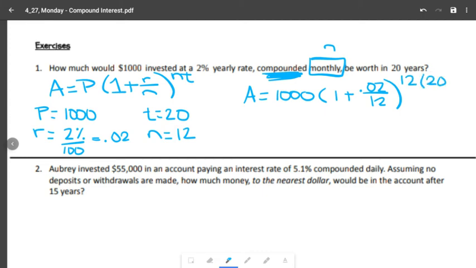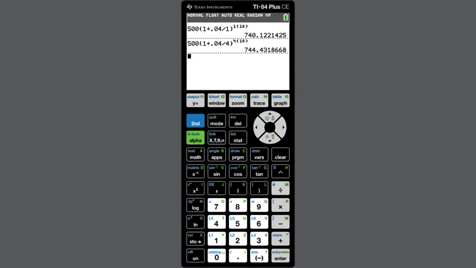And then, just like before, nice and easy, we can type that whole thing straight into our calculator. So we have 1,000 times 1 plus 0.02 divided by 12 to the 12 times t power.